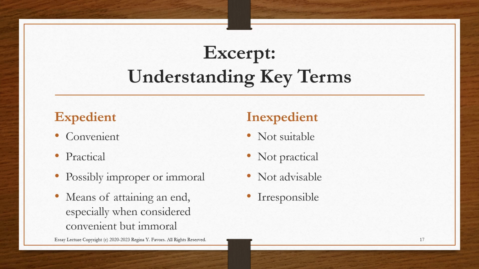And so then the inexpedient part of it, meaning that it wasn't suitable. So even though you think as a slave owner, a business owner, a capitalist, that slavery is what we need to continue doing, it is not suitable, not practical, not advisable, irresponsible long term. You can't have slaves forever, even if you believe you have title property to individuals and their generations forever.